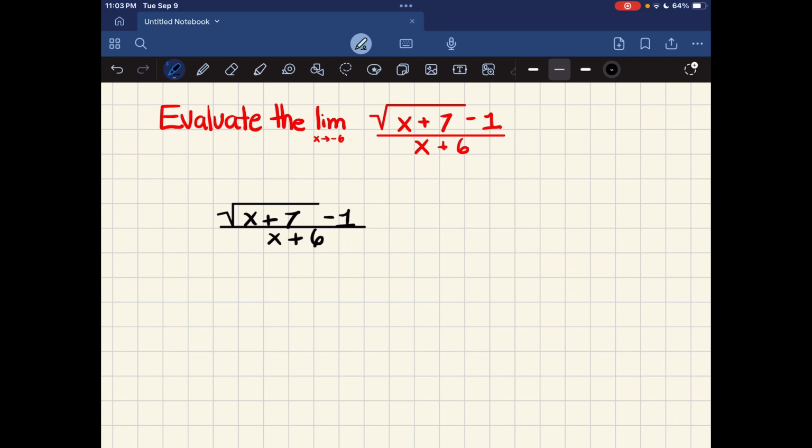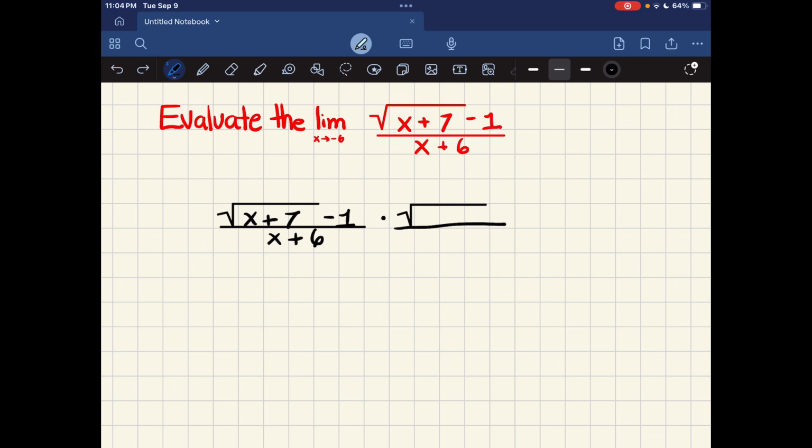We need to multiply the top and the bottom by the conjugate, which is square root of x plus 7, and then plus 1. So it's not going to be minus 1, it's going to be the opposite sign. So we multiply top and bottom.